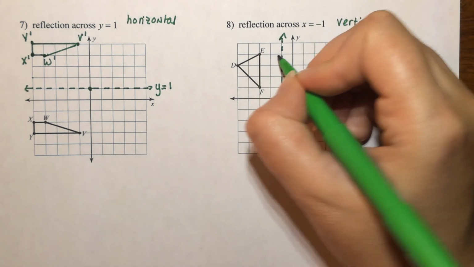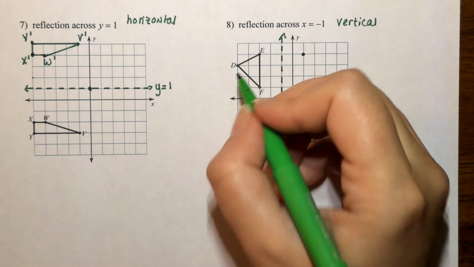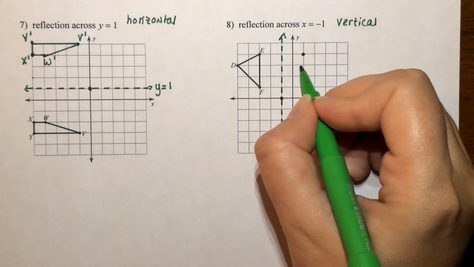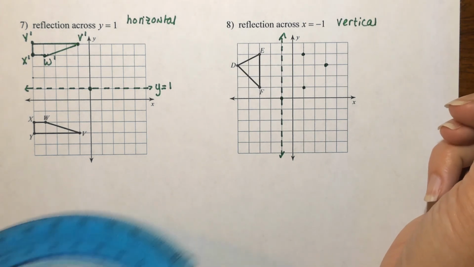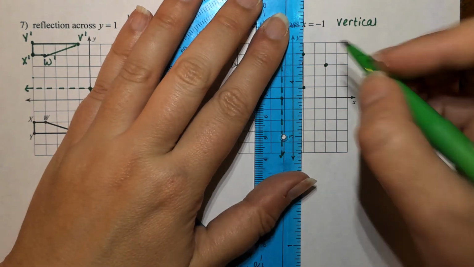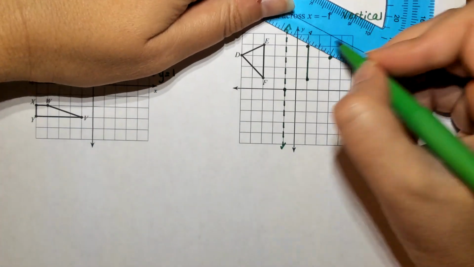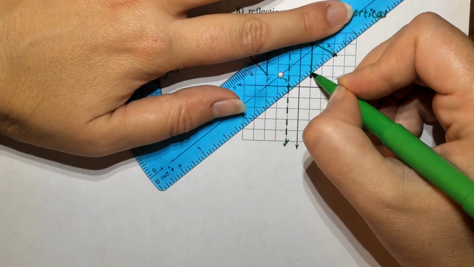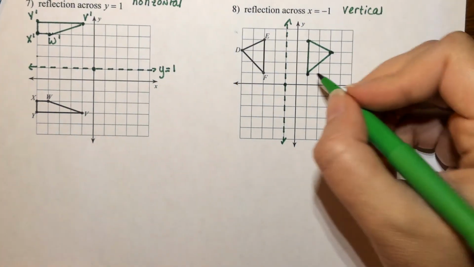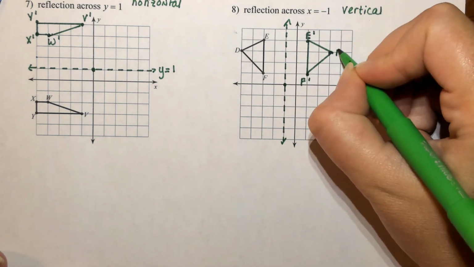So E is 2, F is 2, and D is 4. F prime, E prime, D prime.